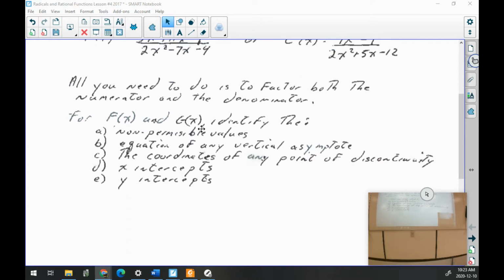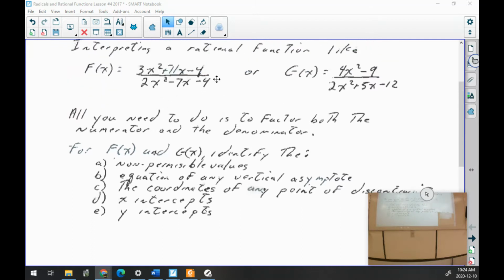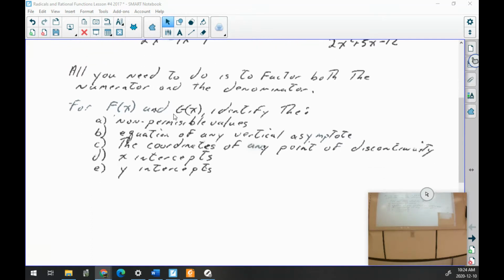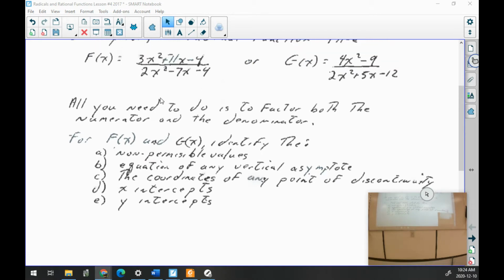So what we need to do to get any of these, the non-permissible values, vertical asymptotes, the x and y coordinates, the points of discontinuity, the x-intercepts, the y-intercepts, factoring this is going to be useful to us. So we've got this one here.